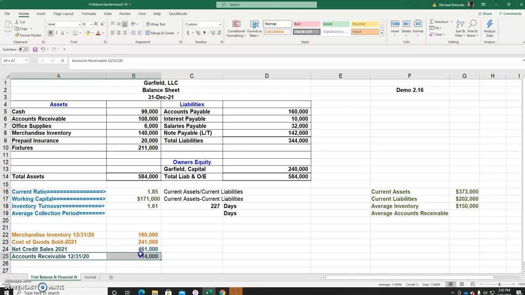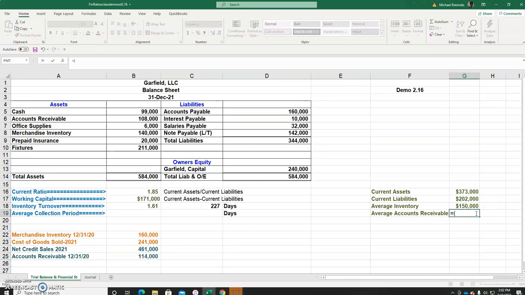That was the accounts receivable at the end of the last year. And then we need to add the ending, which is the accounts receivable at the end of this year, and divide it by 2. And we get 111,000.